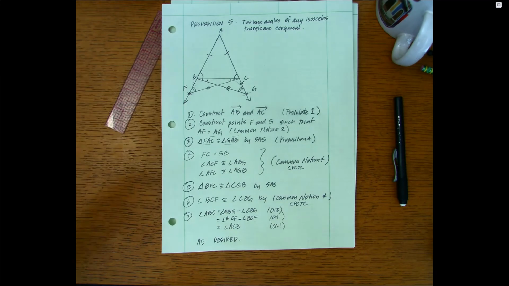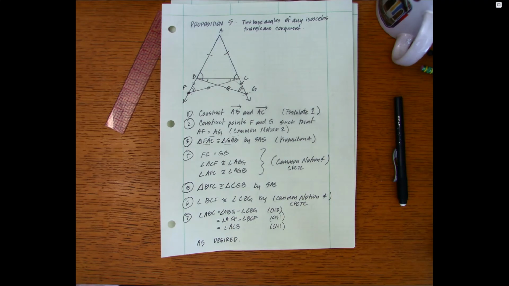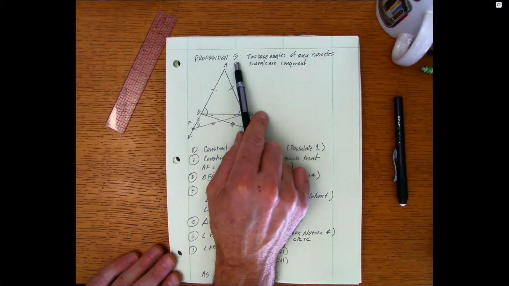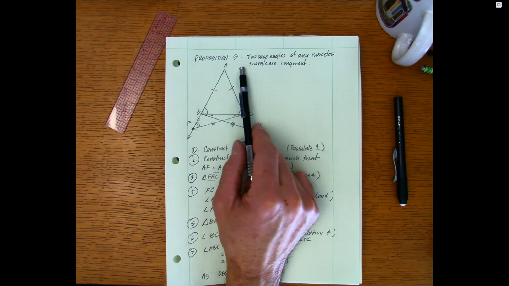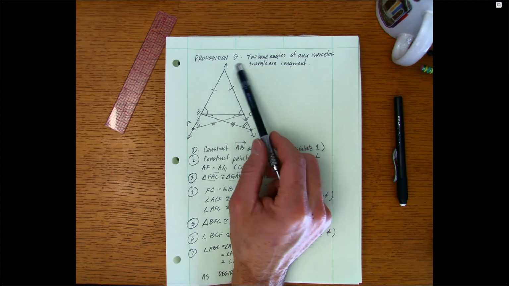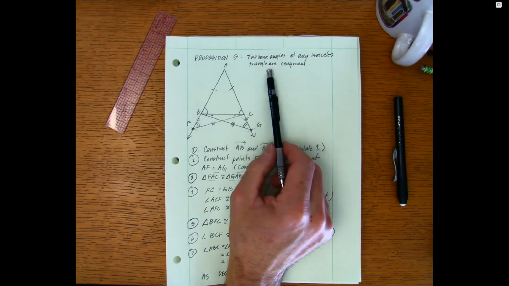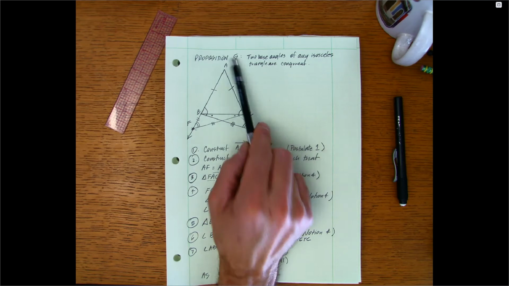And so, quite an involved proof. One of the things you might notice is that it seems really hard to do. But one of the things that you might appreciate is that this is Proposition 5 of the book, right? It's only the 5th thing that Euclid has constructed. And so he has very little to rely on to build this up at this point, because there isn't a lot of machinery that precedes it.